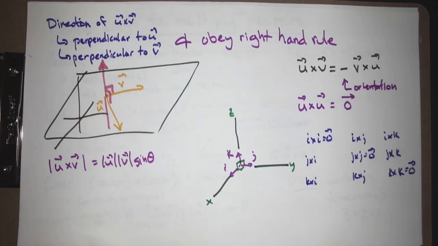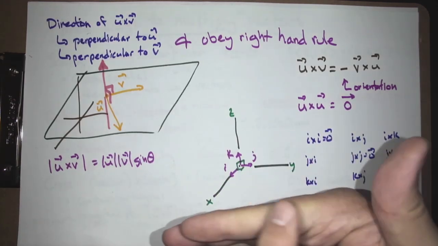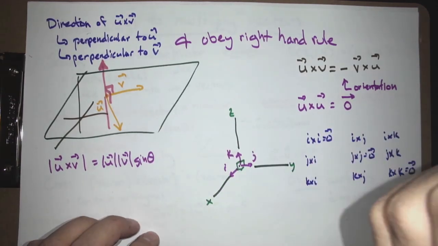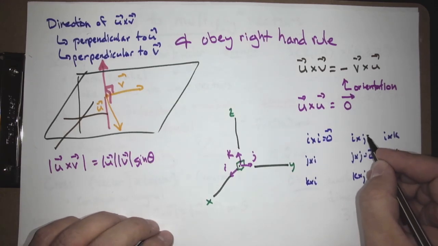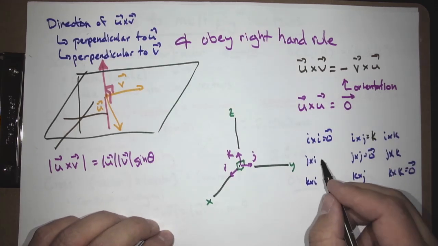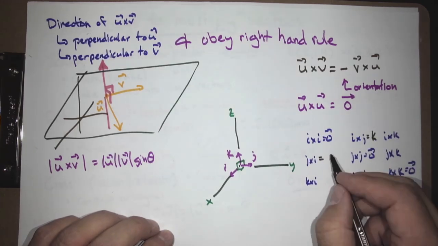What about i cross j? So i, j, where's your thumb pointing? It's pointing straight up. So i cross j is k. What about j cross i? Negative k.